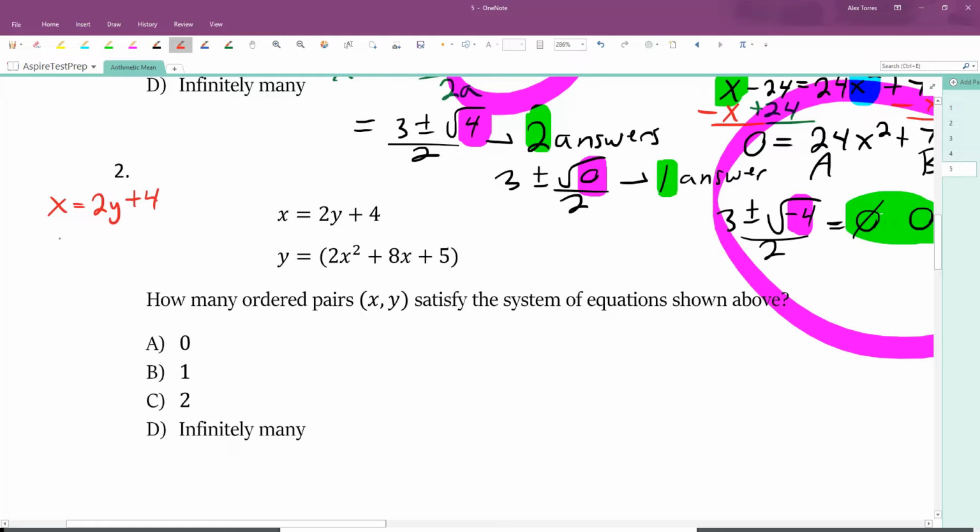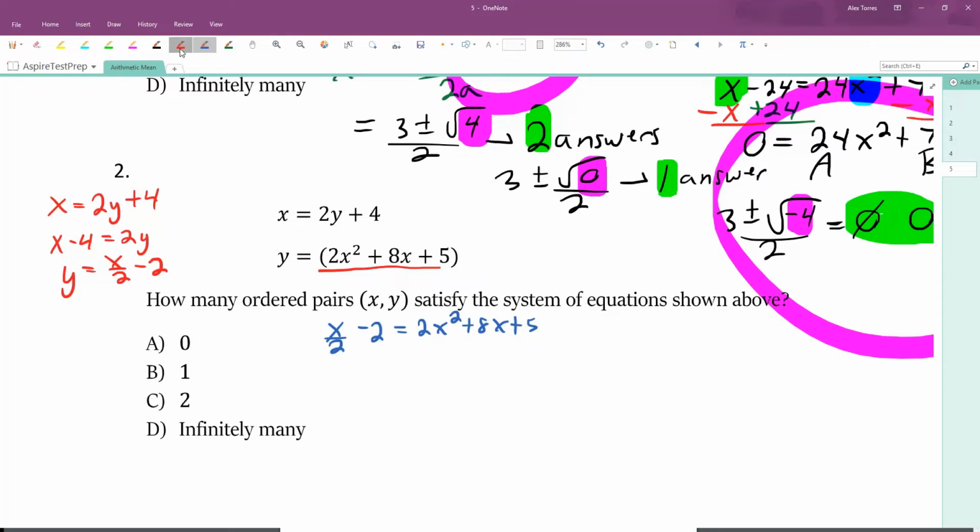So taking away 4 from both sides, dividing both sides by 2, we have y equals x over 2 minus 2, and y equals 2x squared plus 8x plus 5. So if we want to find out where they intersect, we need to take both of those expressions and set them equal to one another.